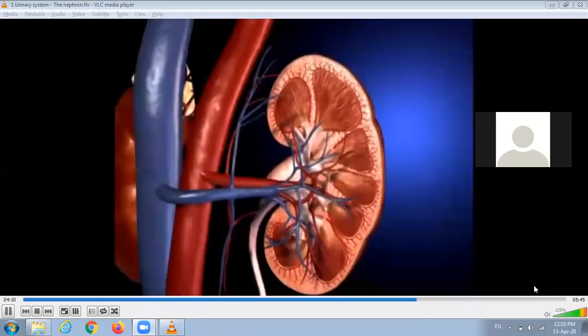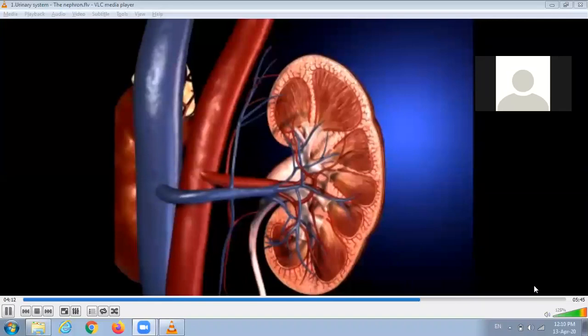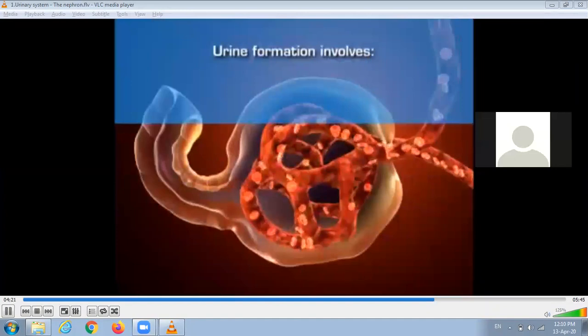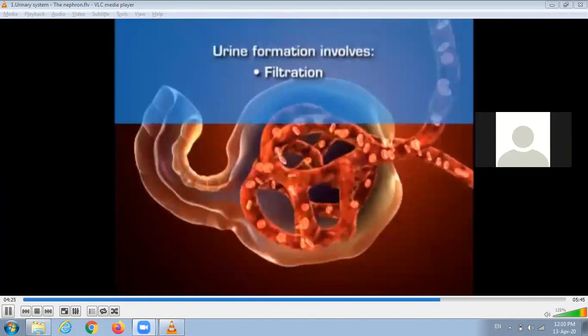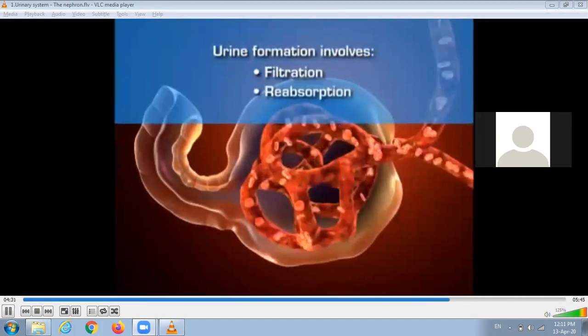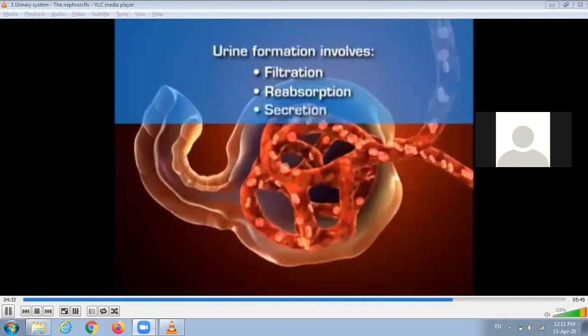The peritubular capillaries rejoin to form the venous channels by which blood leaves the kidneys and empties into the inferior vena cava. Urine formation involves the filtration of the blood by the glomerulus to form an ultrafiltrate of urine, the tubular reabsorption of electrolytes and nutrients needed to maintain the constancy of the internal environment, and the secretion of waste materials.